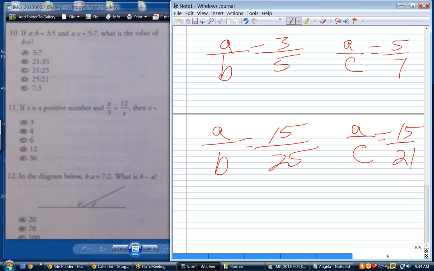So B to C would be 25 to 21. Beautiful. I love that technique. If you are good at that technique, that's exactly the quickest way to solve this problem. Because the hard way would be to solve for A in terms of B, and then substitute that, and then reduce that remaining fraction to B over C. But the way you did it was much better, quicker.